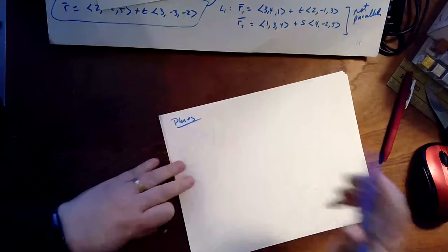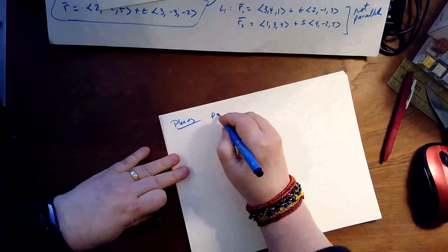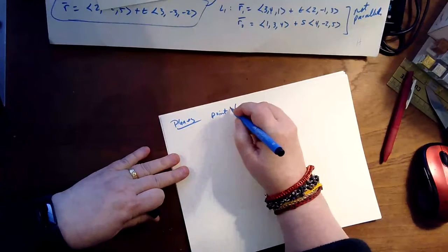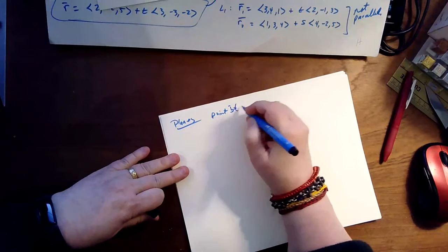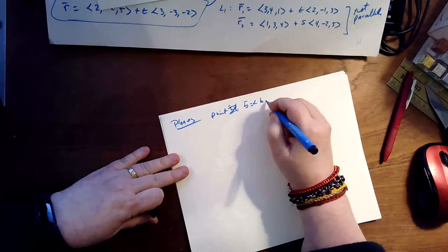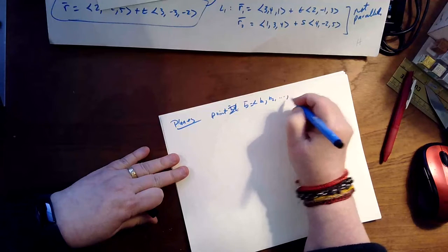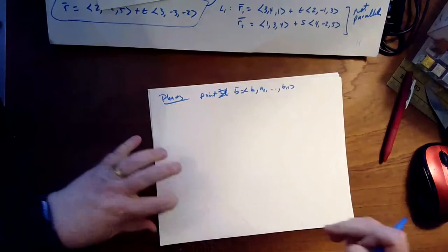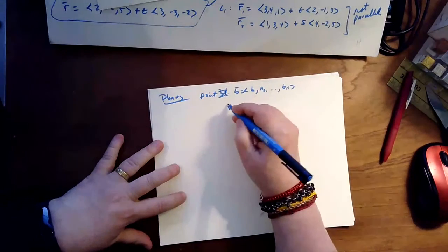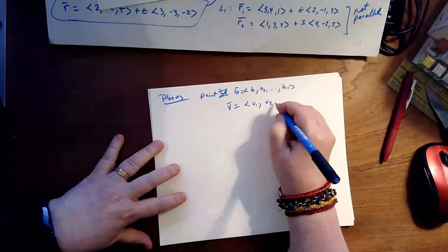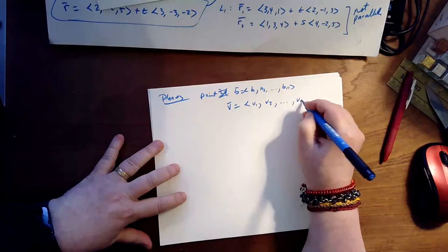So suppose we have a point. Let's call it B, like I did before. B point, B vector, I don't care. b1, b2, and so on up to b sub n. And I have two vectors. Let's say my v vector, which is v1, v2, up to vn.